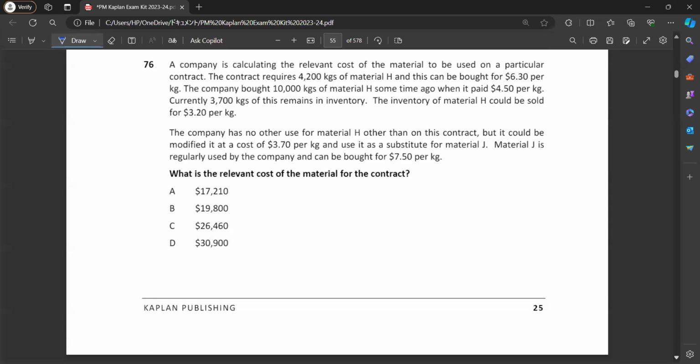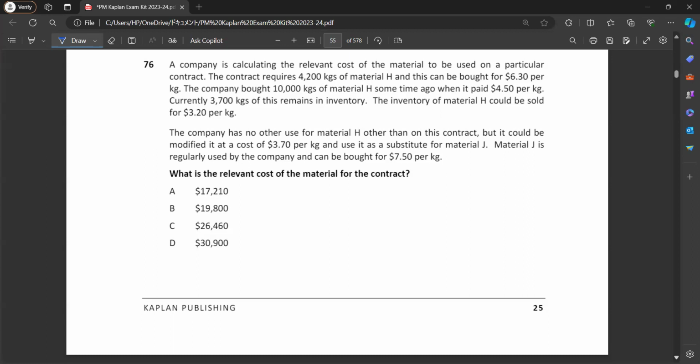The inventory of material H could be sold for 3.20 per kg. The company has no other use for material H other than on this contract, but it could be modified at a cost of 3.70 per kg and used as a substitute for material J. Material J is regularly used by the company and can be bought for 7.50 per kg.